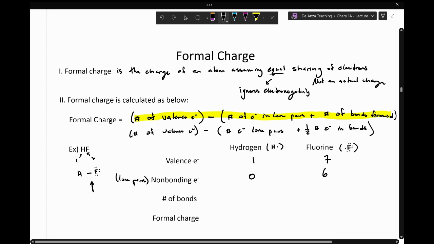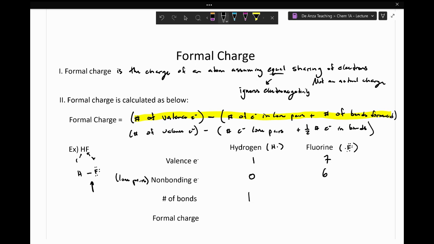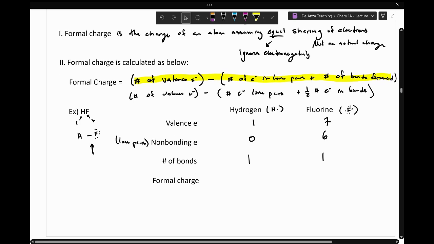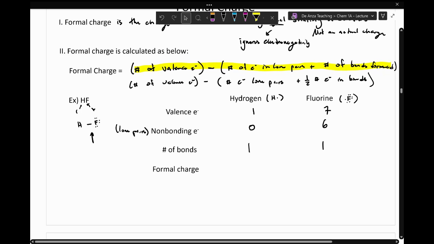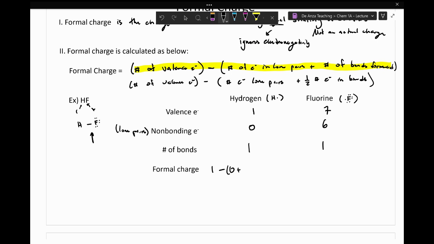Then we look at the number of bonds each of these forms. Hydrogen is forming a single bond with fluorine. Fluorine is forming a single bond with hydrogen. So the formal charge for hydrogen is the number of valence electrons minus the number of non-bonding electrons minus the number of bonds formed. That's 1 minus 0 minus 1, so that's 0.